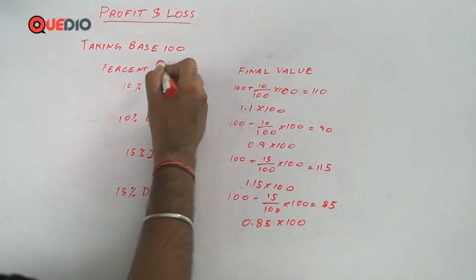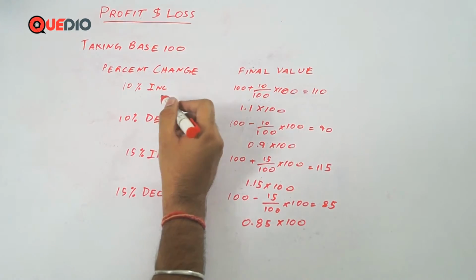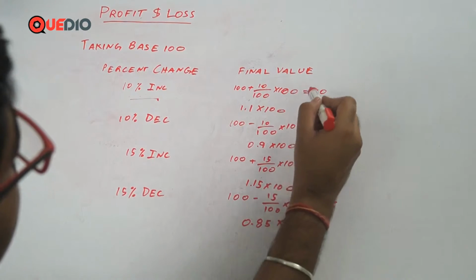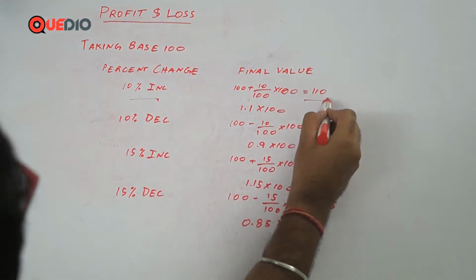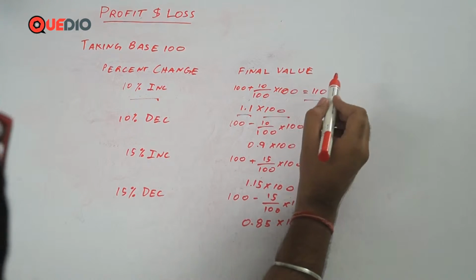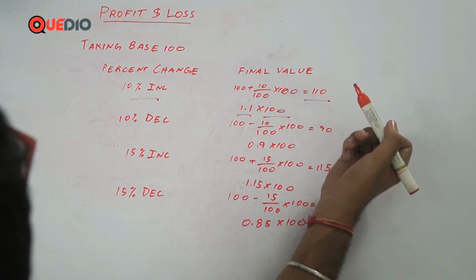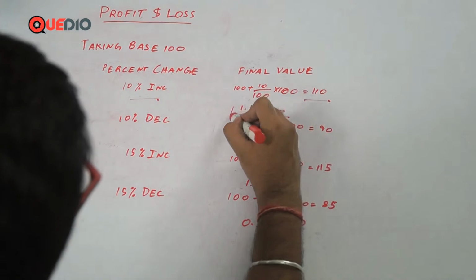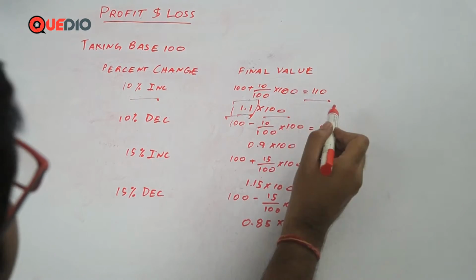Taking base as 100, if there's an increase in profit by 10%, it would be 110. So we can directly assume it as 1.1 into 100, that is X. Let's say cost price is X and it's increased by 10%. So the final value, that's the selling price, will be 1.1 times the cost price.